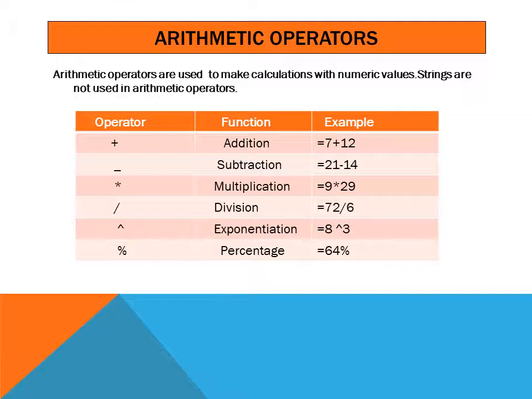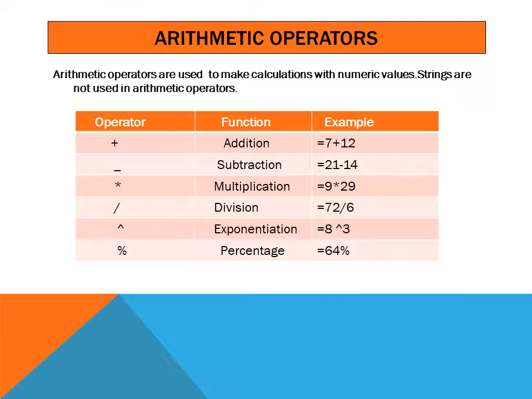So here, there are 6 arithmetic operators. First one is already known to you, that is addition. Addition means to add two numbers. Remember that in all these arithmetic operators, while we are writing the formula, we have to place an equal to sign in the beginning, that is already told to you.